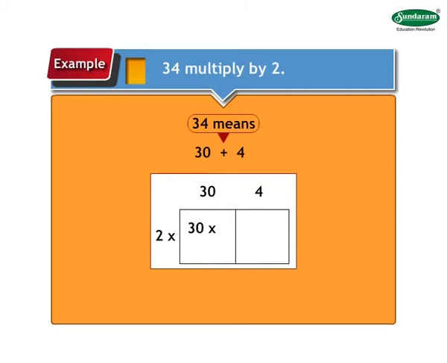As 30 into 2 is 60 and 4 into 2 is 8. Adding both the products, we get 60 plus 8, which is equal to 68. Hence, 34 multiplied by 2 is equal to 68.